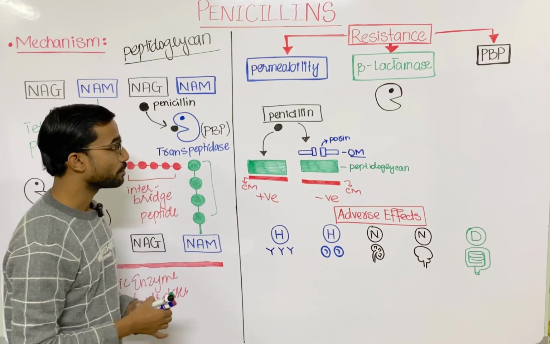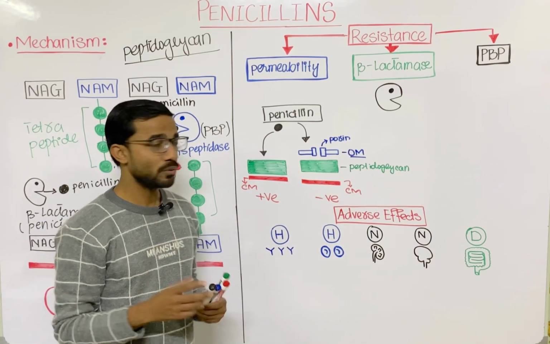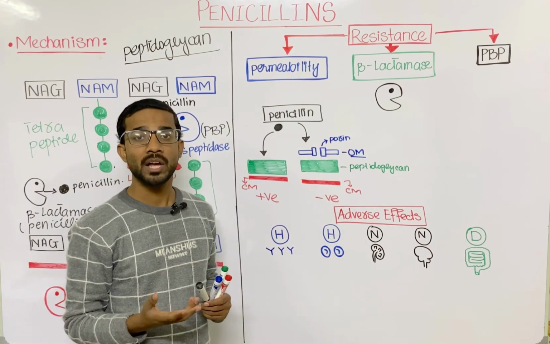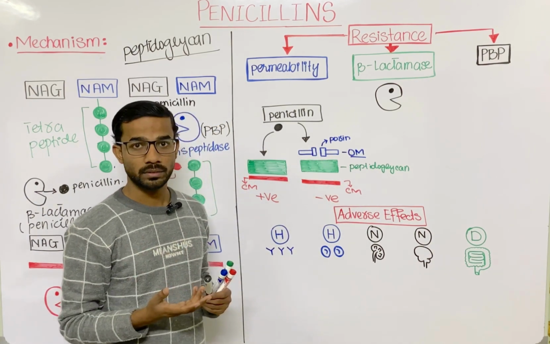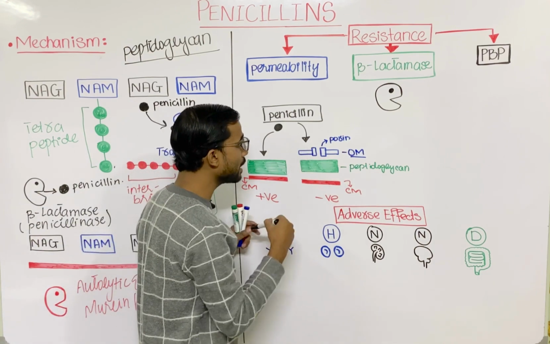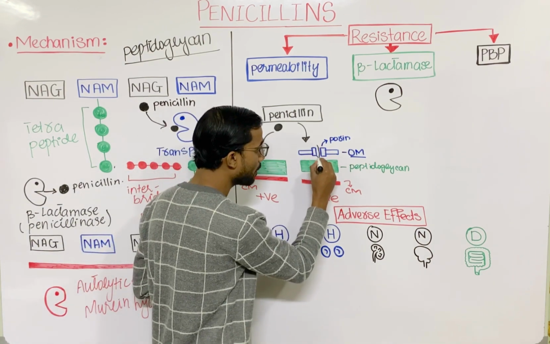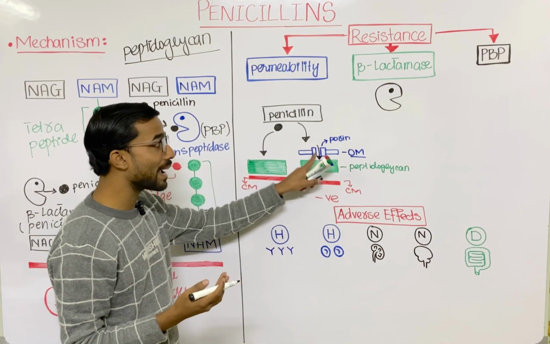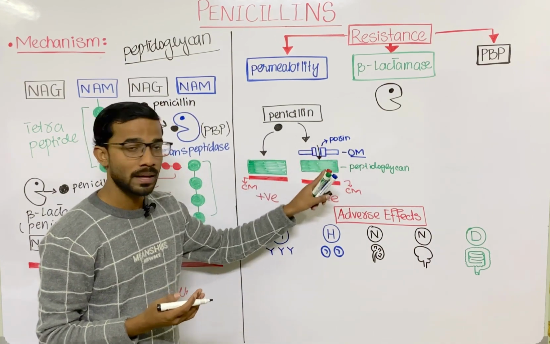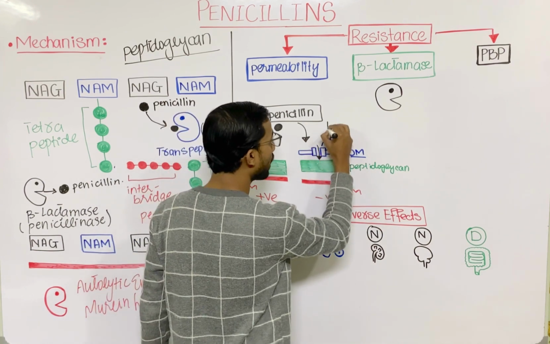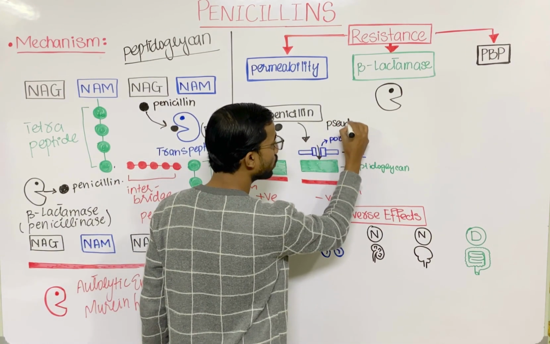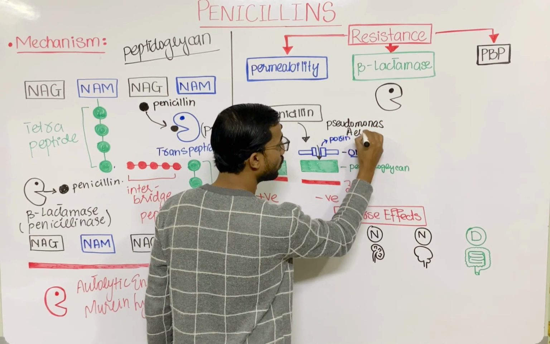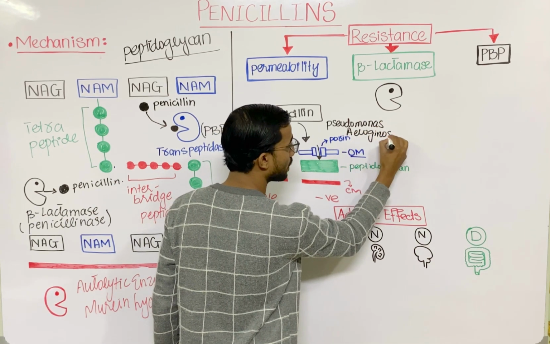Okay, so there is a bacteria which has reduced porin permeability. Actually, penicillin is a hydrophilic compound. So penicillin can easily pass through the porins. But there is a bacteria which has reduced penicillin permeability through porins, and that is the Pseudomonas aeruginosa.